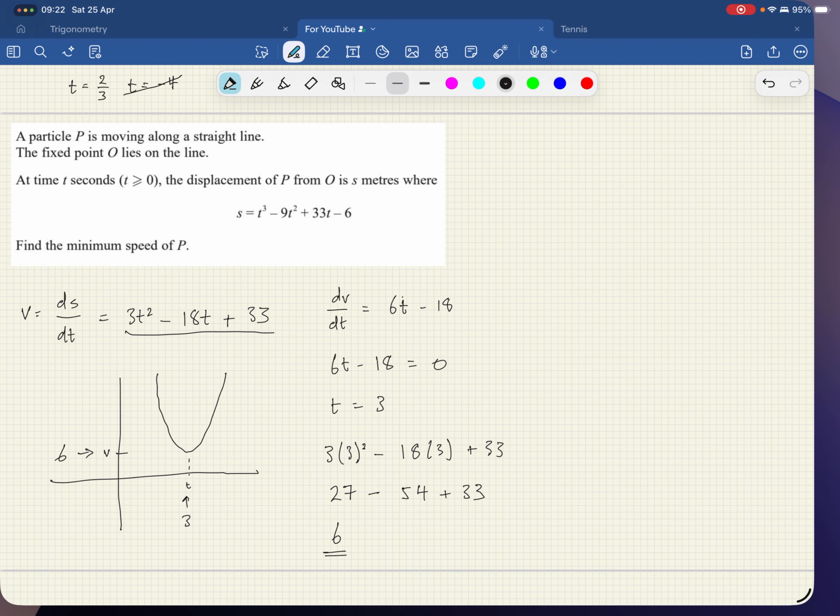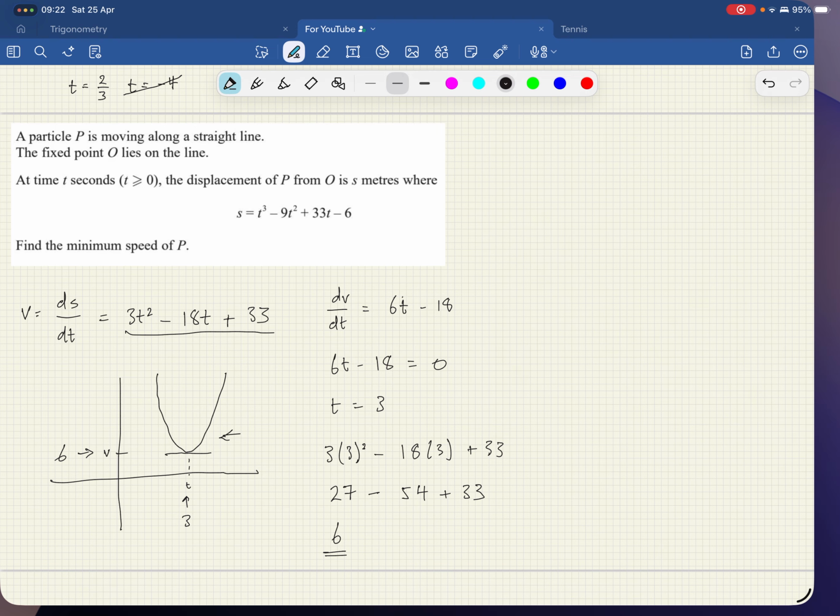And just a quick recap, what we've done there is we've differentiated the position function to find the speed function, and then we've differentiated the speed function to find the gradient function of the speed, which we solve for 0 to find the point on the speed curve here where the minimum is, where this turning point is, i.e. where the gradient of this is 0.